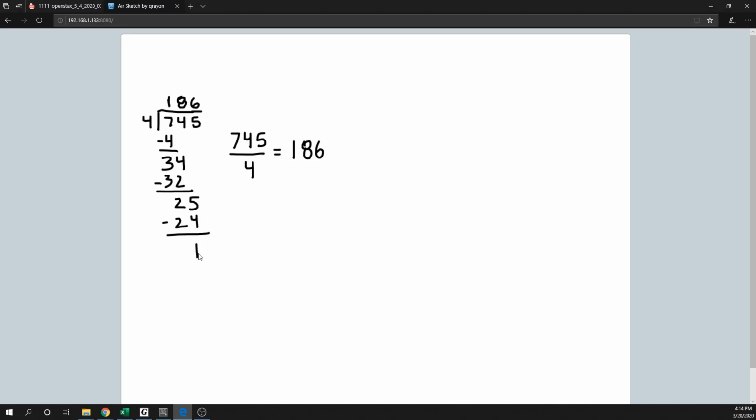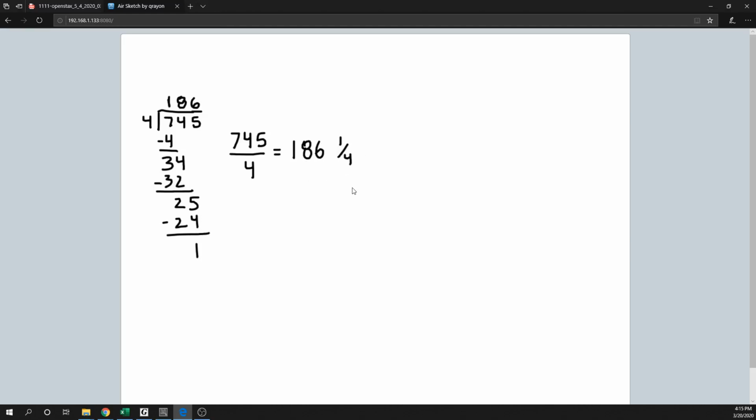For the fraction part of the mixed number, it would be the remainder, which was 1, over what you're dividing by, which is the 4. So 745 fourths is 186 and a quarter as a mixed number. Later on in this video, I'll refer to the mixed number format, and this is what I'm talking about.